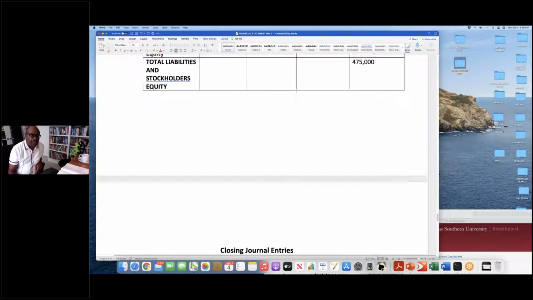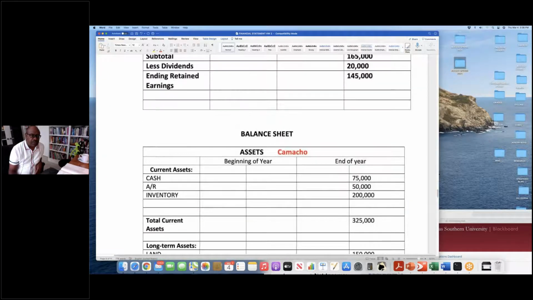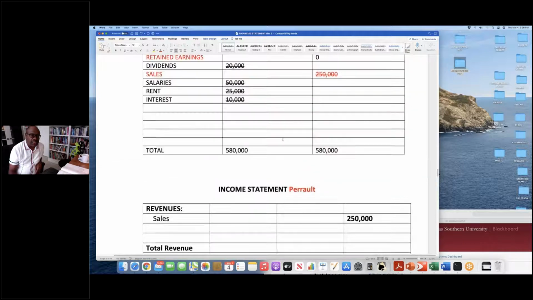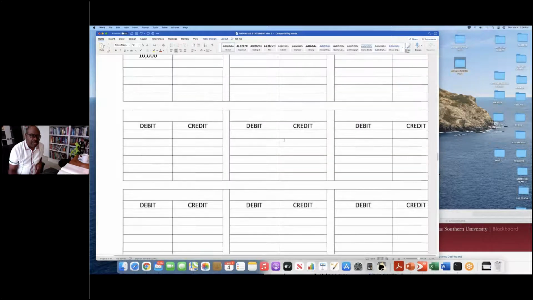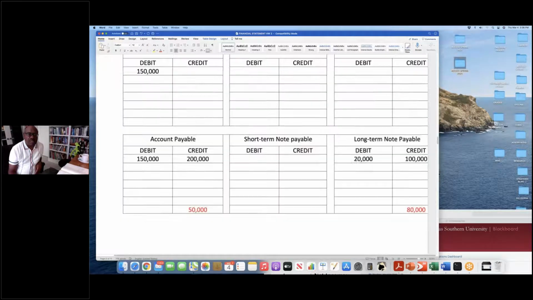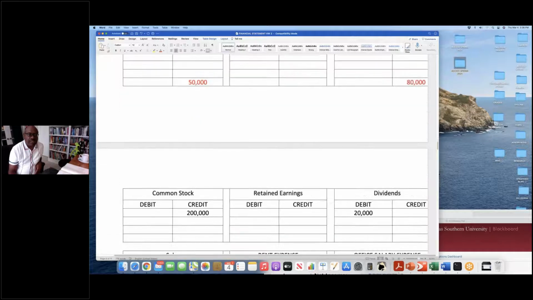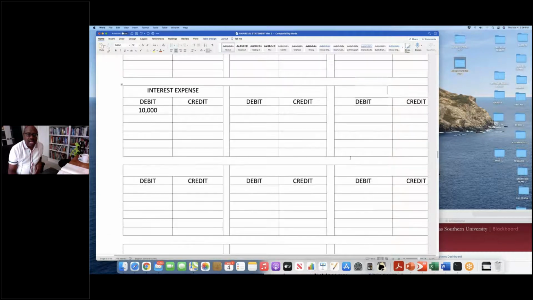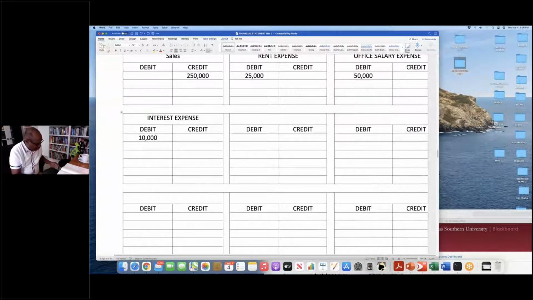Now we got to post this. So anytime you make a journal entry, you got to post it. I don't think I have a room up here for income summary, so I'm going to just put income summary here.